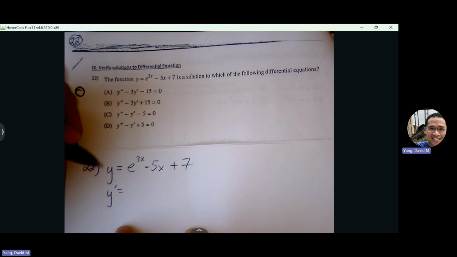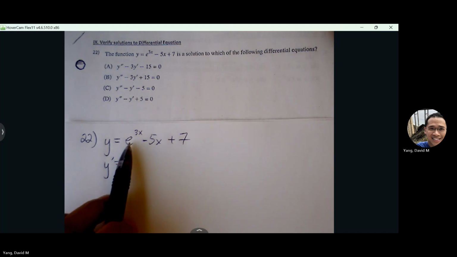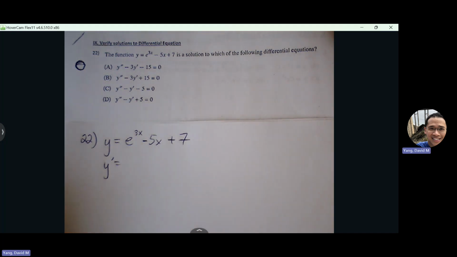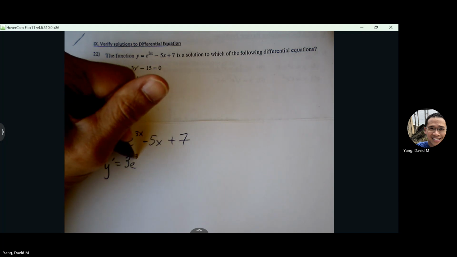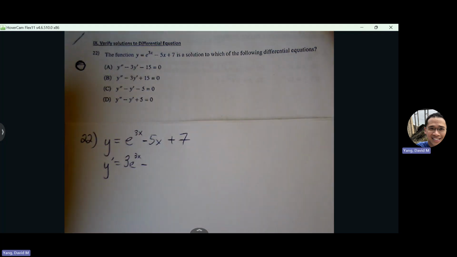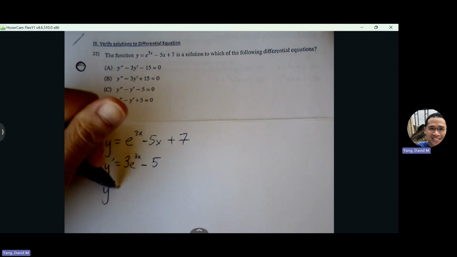So I'm going to go ahead and just find what I need here. So y prime, what's y prime going to be based off of y of x? e to the 3x becomes what? Yeah, e to the 3x times 3. 5x becomes minus 5.